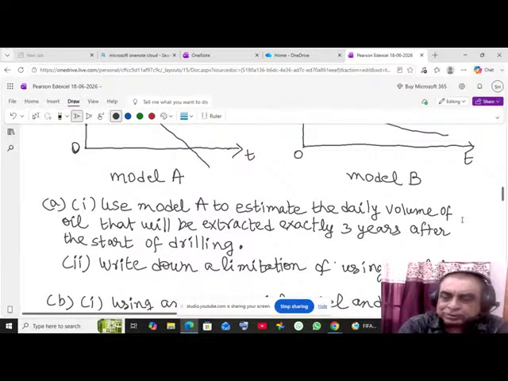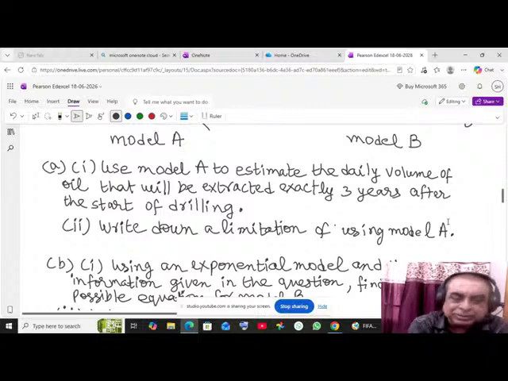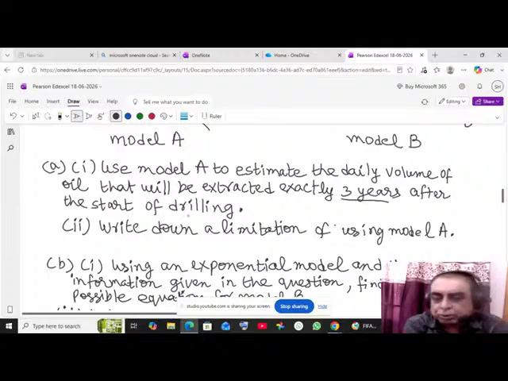So we have to answer these questions. First, part A. There are two parts of A. The first part: use model A to estimate the daily volume of oil that will be extracted exactly 3 years after the start of drilling.